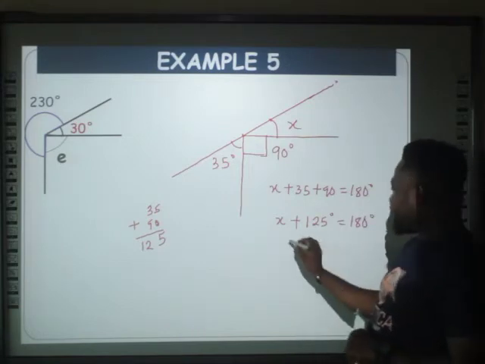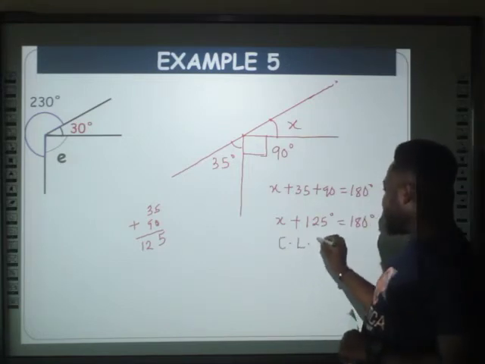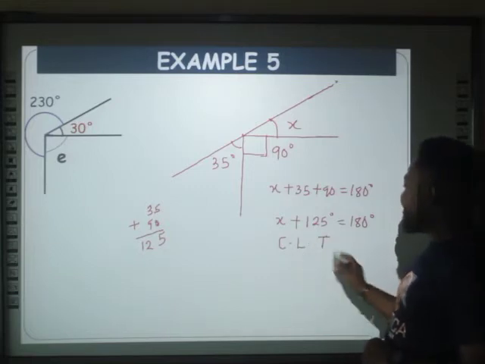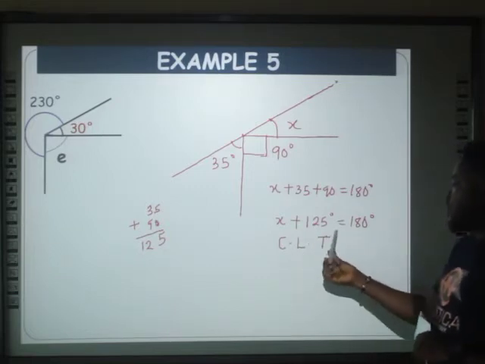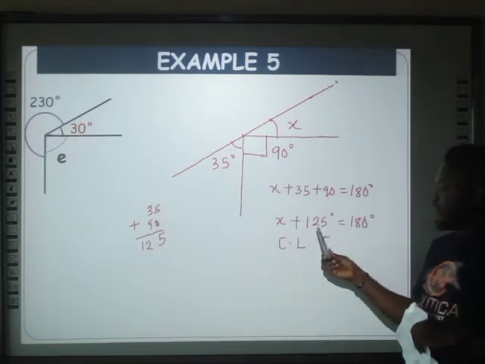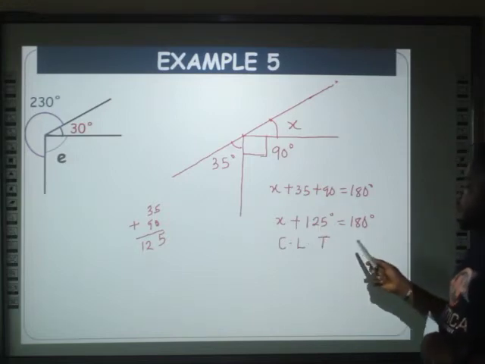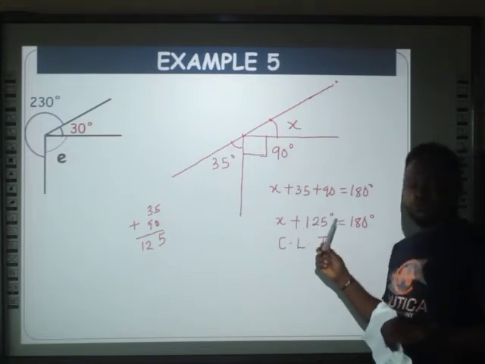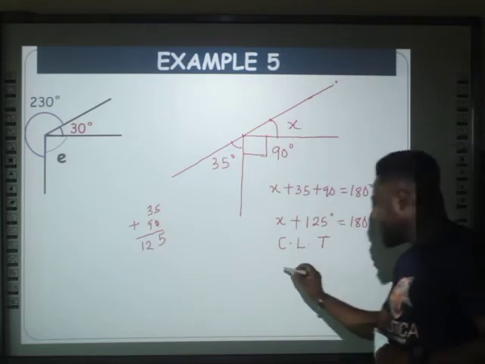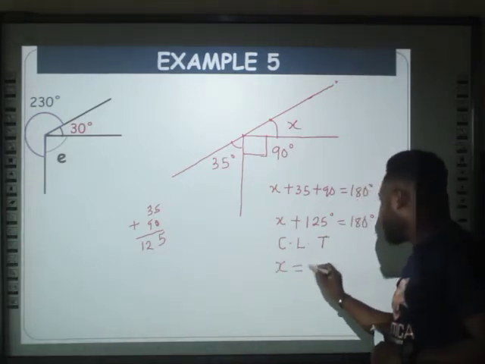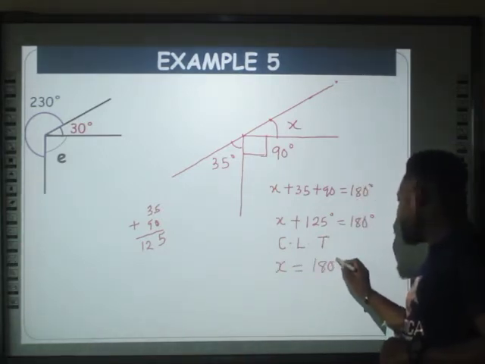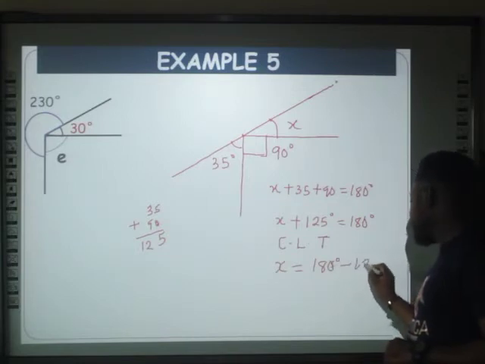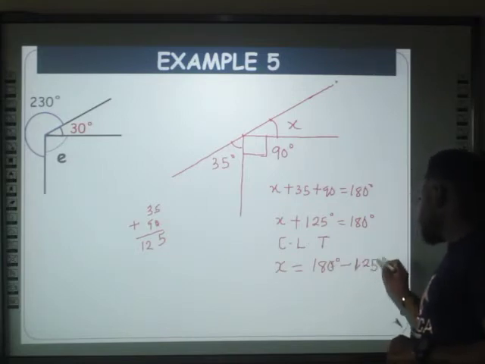Now we say CLT, collect like terms. Of course, we have to move this from the left to the right, so it turns to minus 125. So this gives us x equals 180 degrees minus 125 degrees.